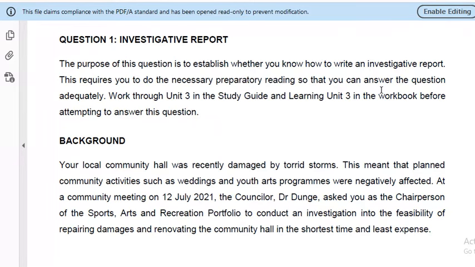At a community meeting on 12 July 2021, which is supposed to be 2022, the counselor, Dr. Dunge, asked you as the chairperson of the Sports, Arts and Recreation portfolio to conduct an investigation into the feasibility of repairing the damages and renovating the community hall in the shortest time and least expense.